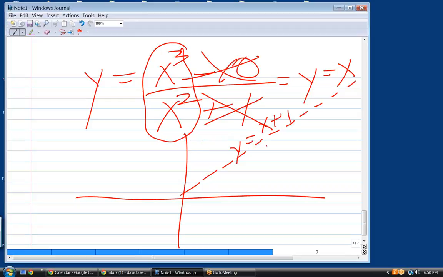But nonetheless, we know that asymptotes, whether they're horizontal or oblique, this function is going to approach that asymptote as x goes to infinity. In other words, as x goes to infinity, this oblique asymptote goes to infinity, so y would also.